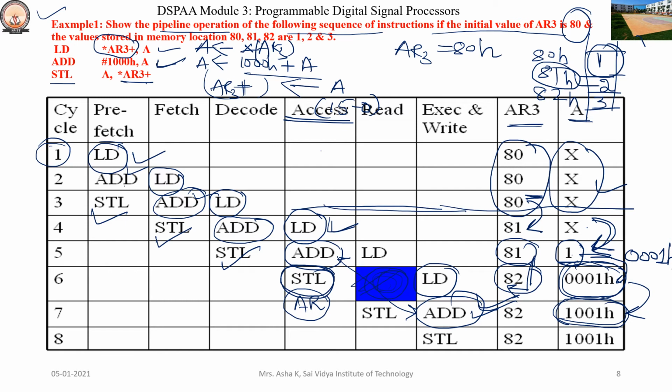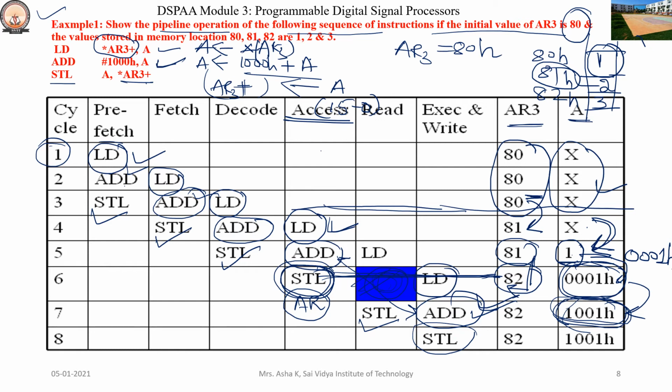So in the access phase itself, the changes will occur to the auxiliary register by incrementing. Later, in the read phase, the data is read to the accumulator, and in the execute and write phase, it will be written onto the memory address pointed to by AR3.